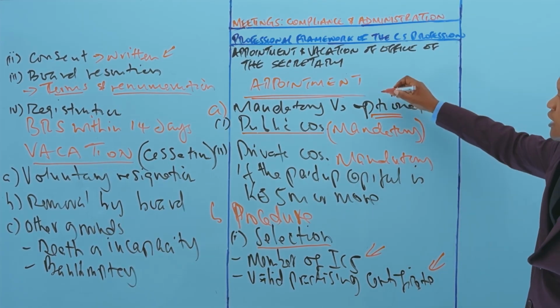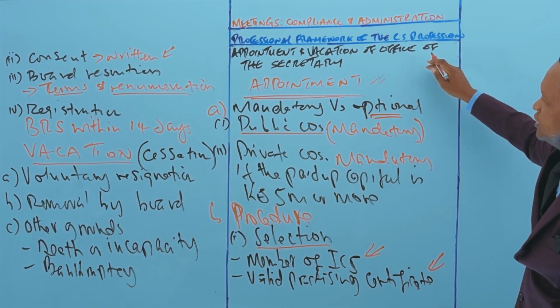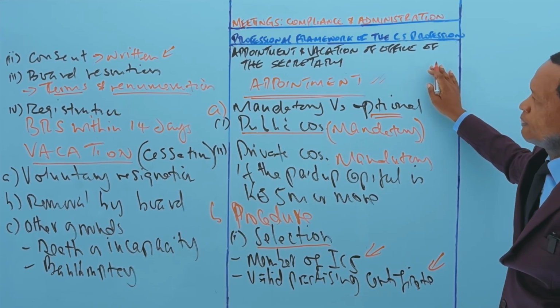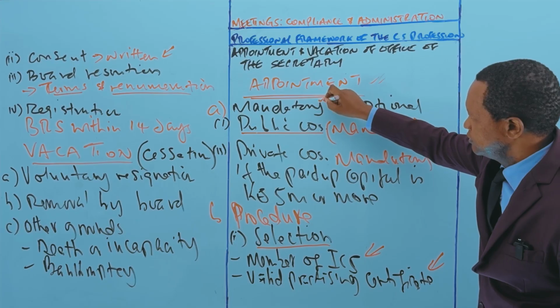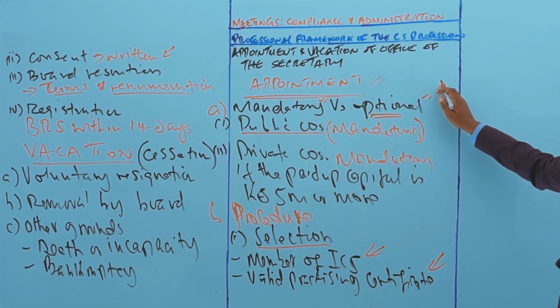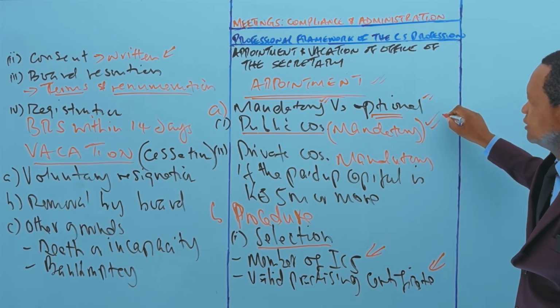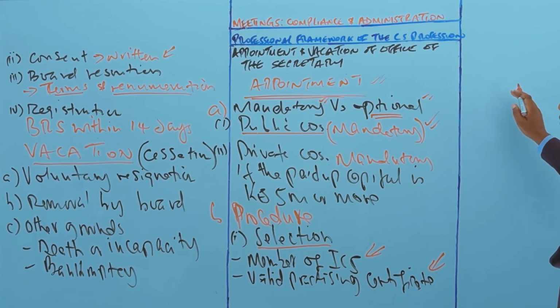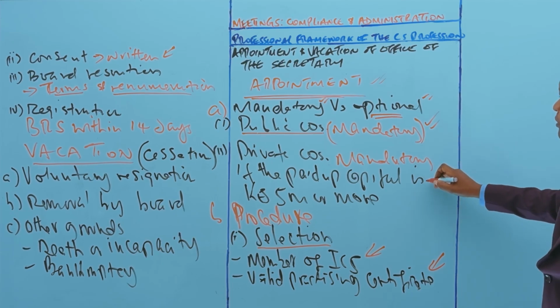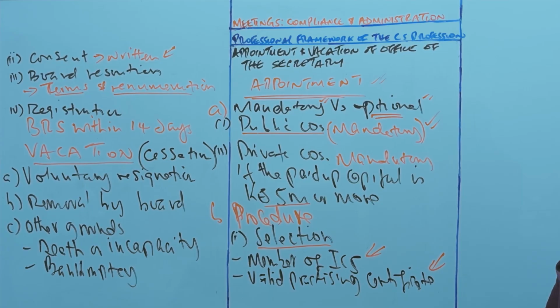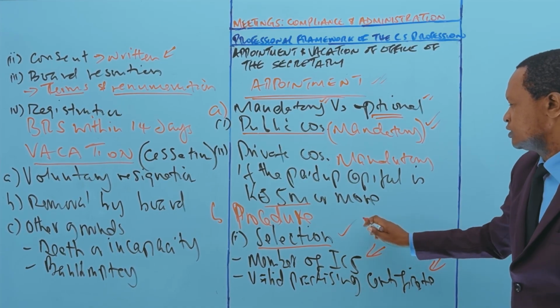When discussing the appointment of a company secretary, understand that it can be mandatory or optional. The appointment of a company secretary is only mandatory for public companies or private companies whose paid up capital is more than 5 million Kenya shillings. And the procedure for appointment begins by selection.